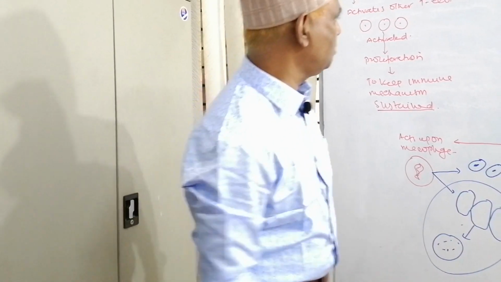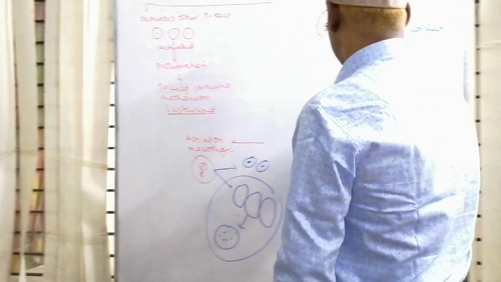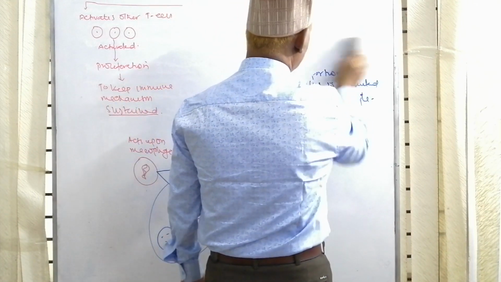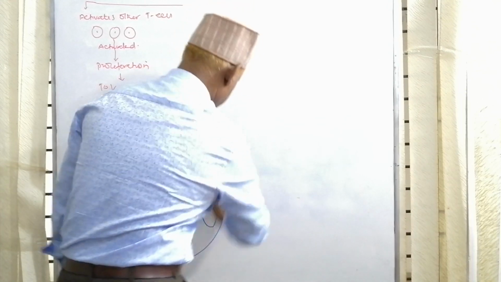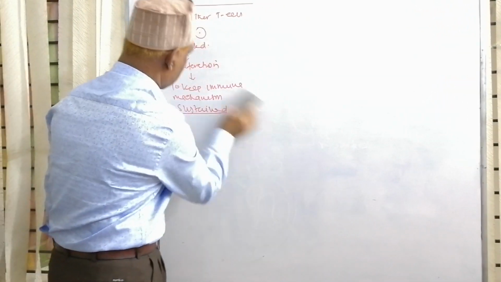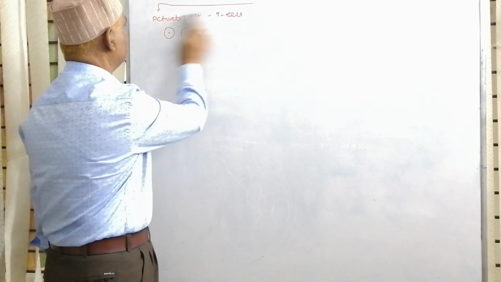Dear audience, I have told you, in tuberculosis usually we get soft granuloma. The tubercle contains necrosis. Sometimes in tuberculosis we may get hard granuloma. But in sarcoidosis we always get hard granuloma.